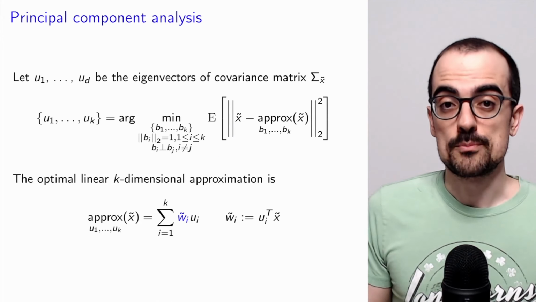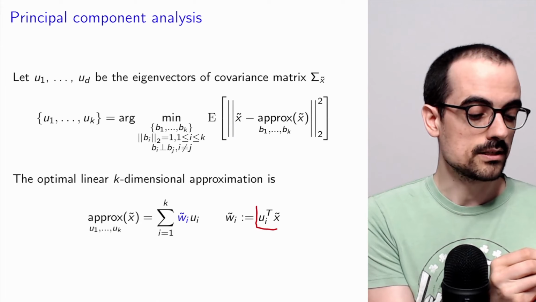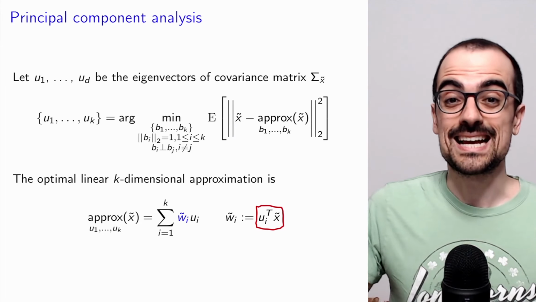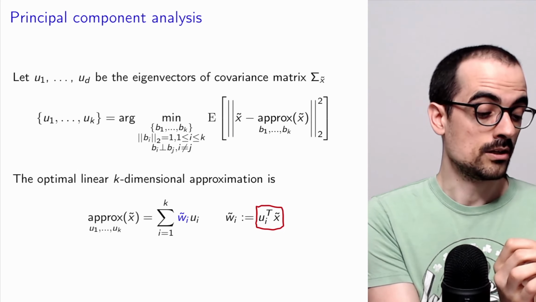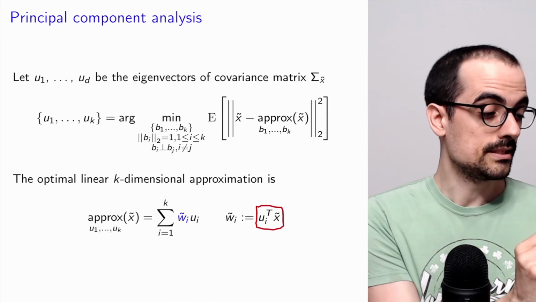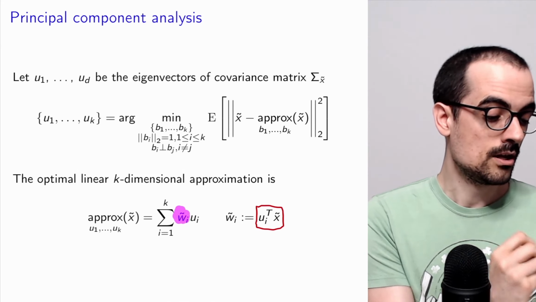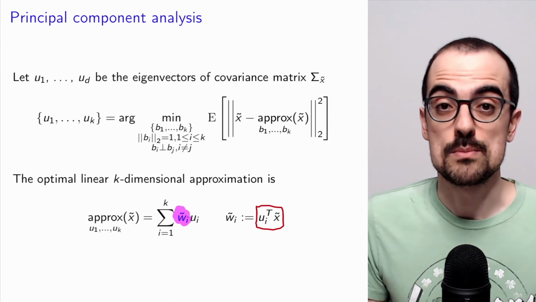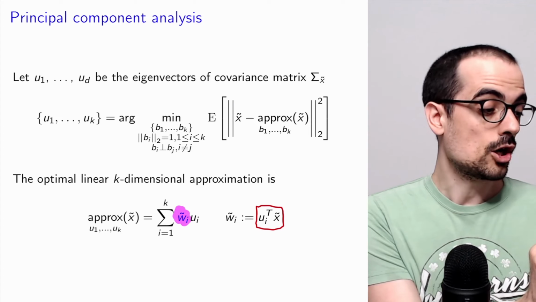The corresponding representation is in terms of the inner product of the eigenvectors and the random vector x, which is exactly equal to the principal components of the random vector. So we're going to end up using the first k principal components of the random vector as our k-dimensional representation of the random vector. And again, this is optimal.